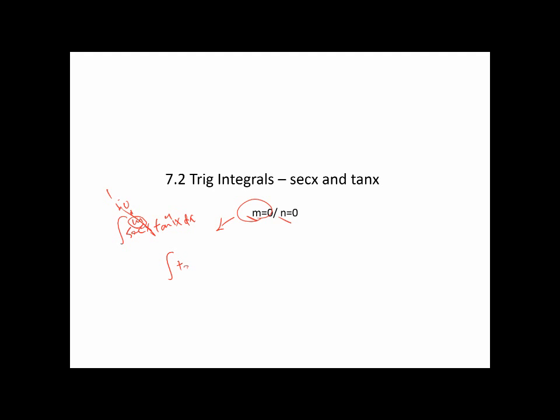The problem you're going to look at will be tangent only. Similarly, when n equals 0, you're going to see secant only. Okay, so this is what the problem is going to look like.